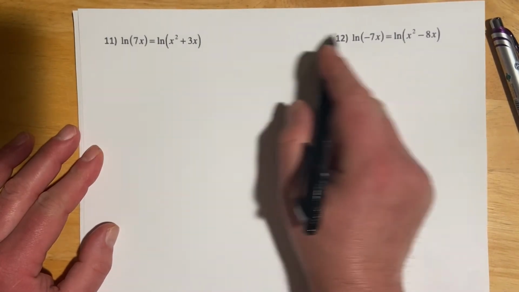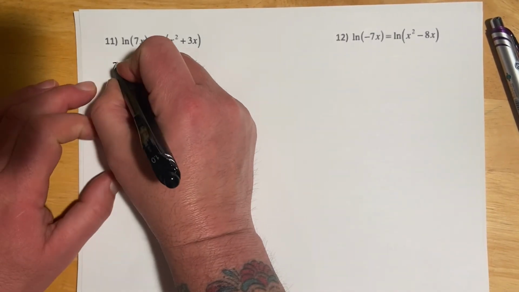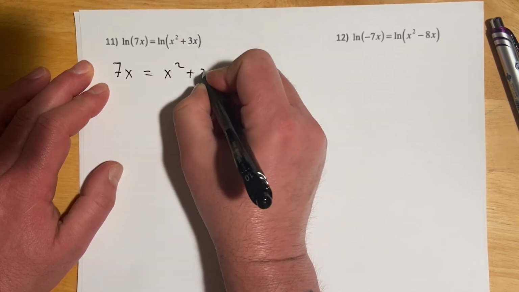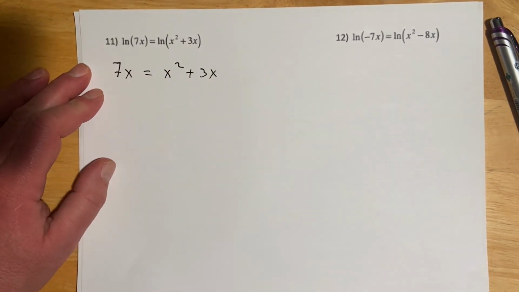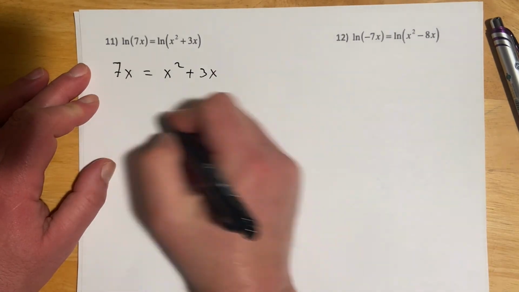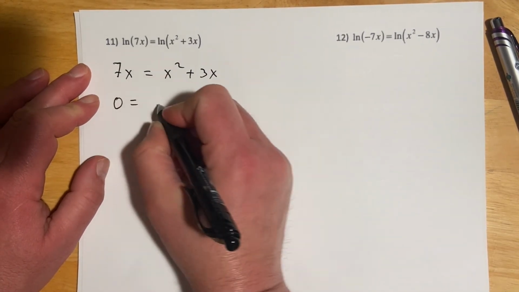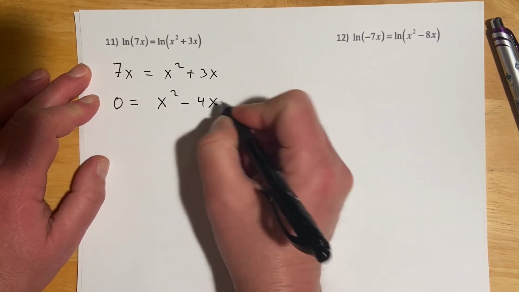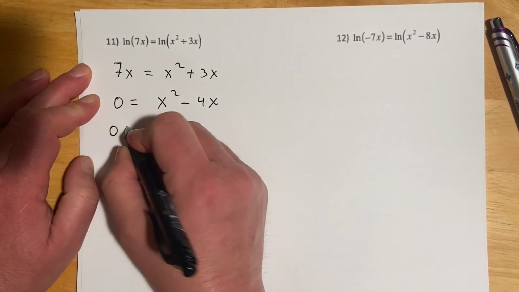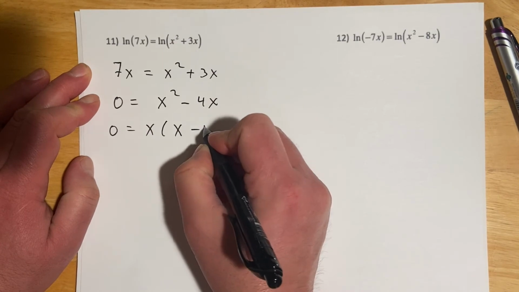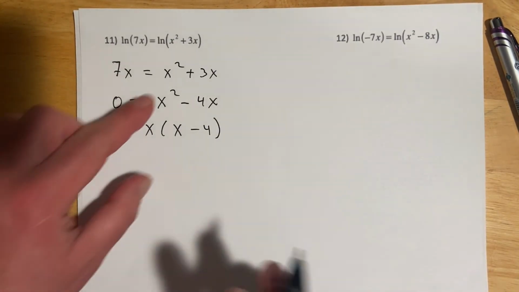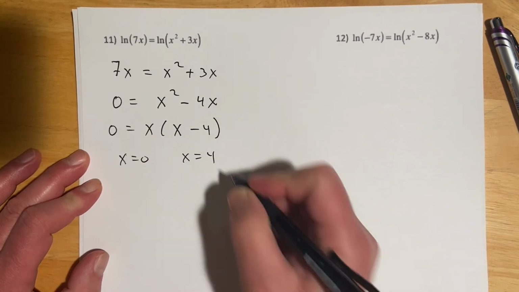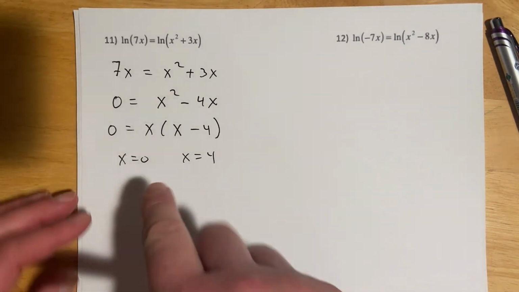Okay, for these ones, they're already log equals log, so that means I can just set those arguments equal to one another and solve. So here, I'll bring that 7x over, and that's going to give me 0 equals x squared minus 4x, factoring x times (x minus 4). So just for this quadratic, I get solutions of 0 and 4. But again, what matters is when I put them back in the log.